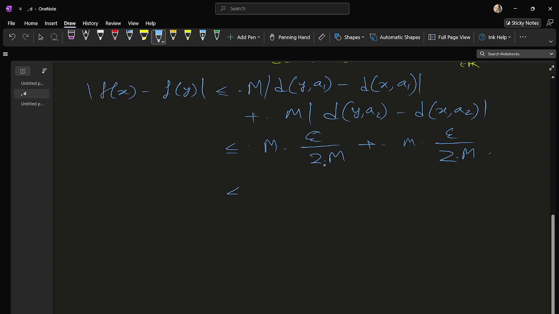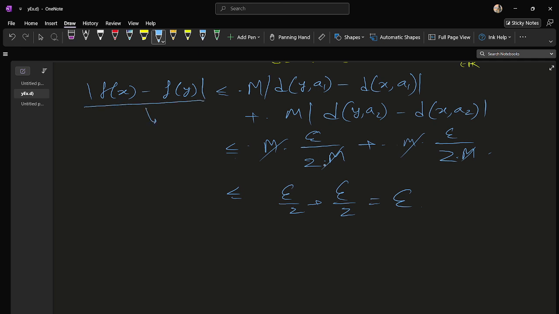Okay, so now m and m will cancel out, so we will get epsilon by 2 plus epsilon by 2, which equals epsilon. So my mod of f(x) minus f(y) is less than epsilon. That is the thing we needed very early.